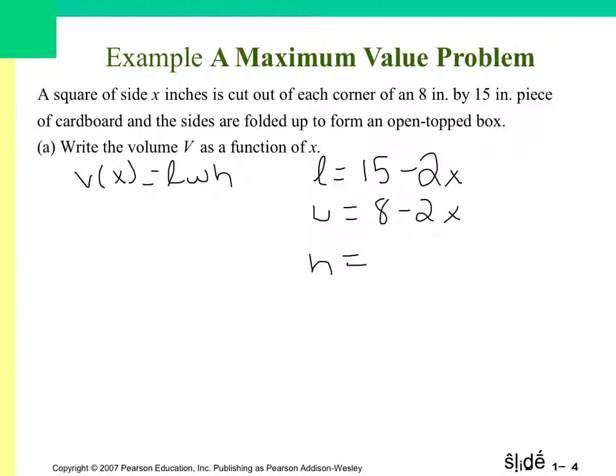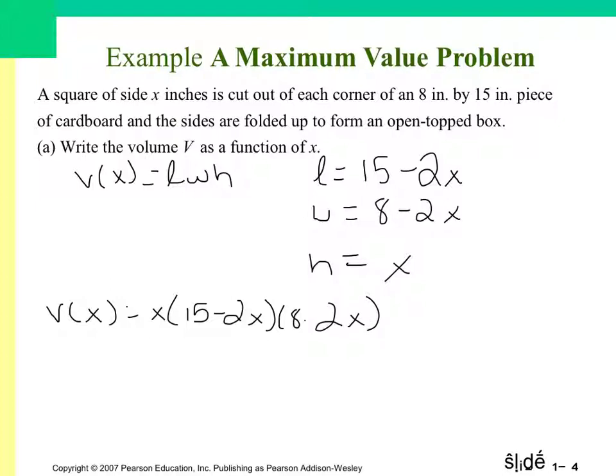The height is x. Okay? So, V of x equals x times 15 minus 2x times 8 minus 2x. So there we go. There's the volume as a function of x.